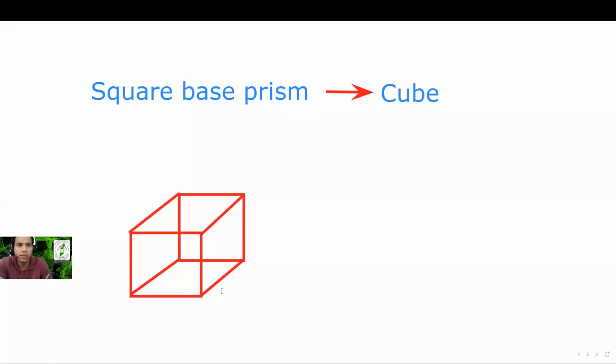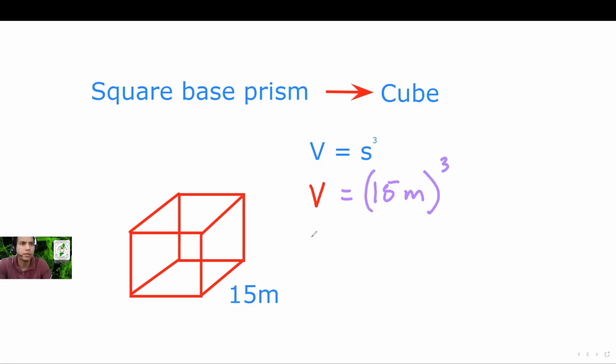Therefore, if we consider this to be, say, 15 meters, then our formula for the volume of a cube is 15 meters raised to the power of 3. So volume is 15 meters times 15 meters times 15 meters.